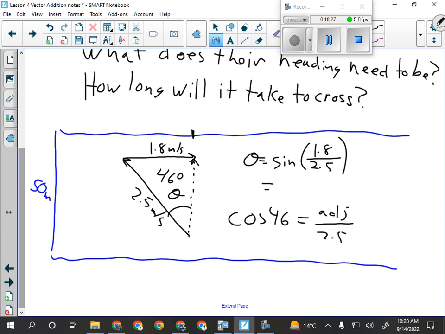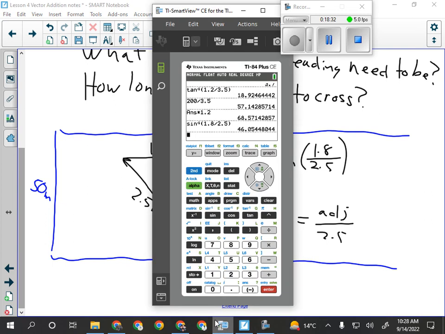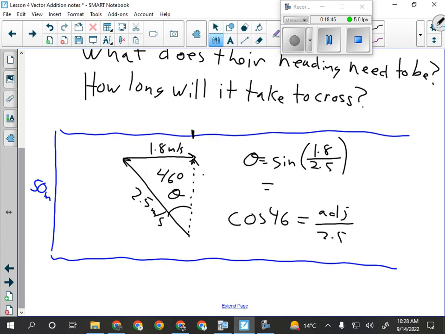To find the adjacent side, I'll just go cos of 46 times 2.5. So my velocity across the river is 1.73 meters per second, and it's 50 meters across the river.